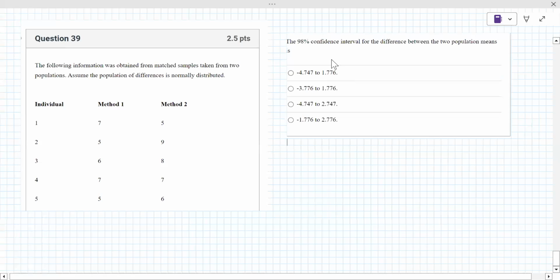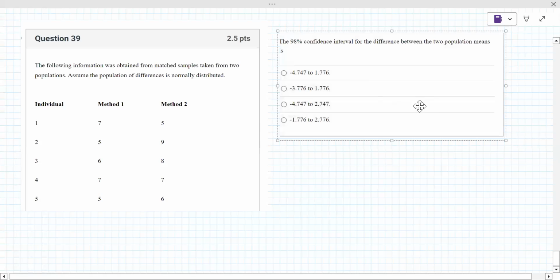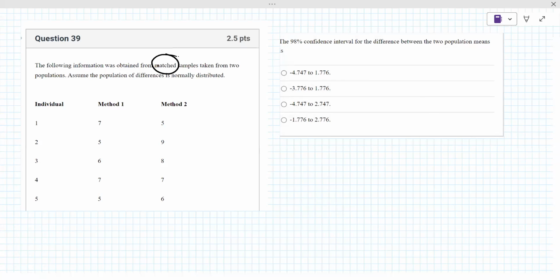All right, the 98% confidence interval for the two population means, so we got to go back and look here. The following information was obtained from matched samples. Whenever you see matched samples, you want to think paired. Paired means to take the difference between them.